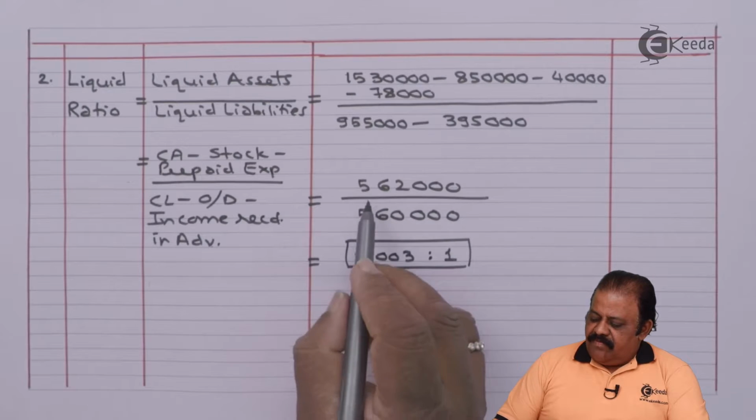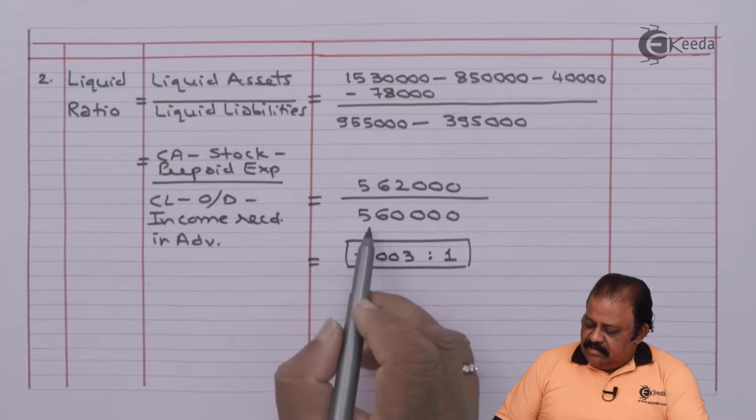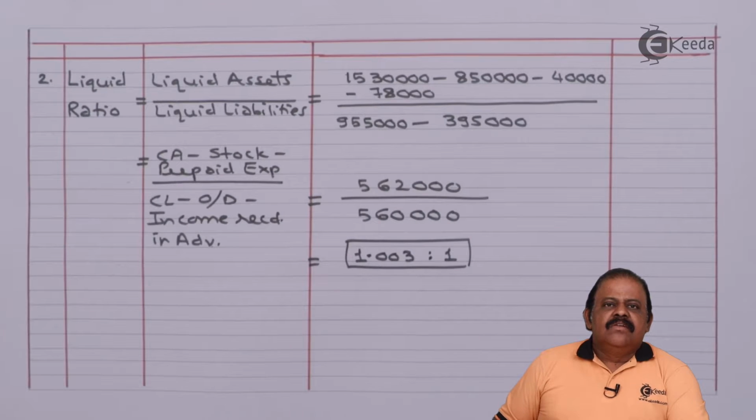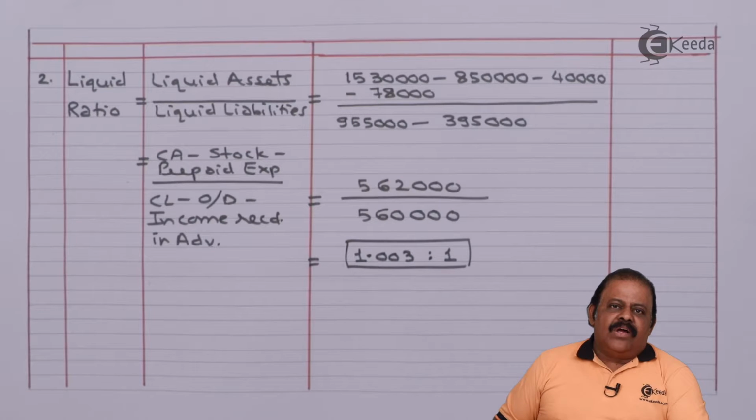Total liquid assets 5 lakh 62,000, total liquid liabilities 5 lakh 60,000. So liquid ratio is 1.003 is to 1, that is almost 1 is to 1.